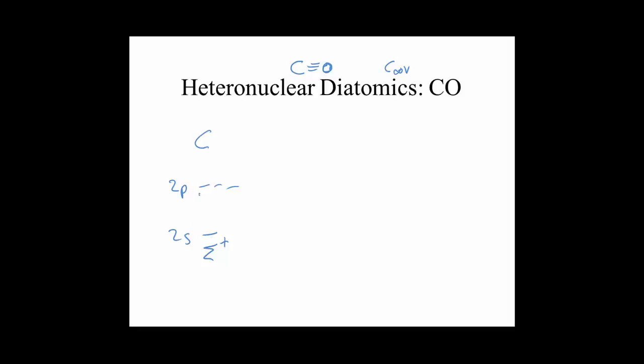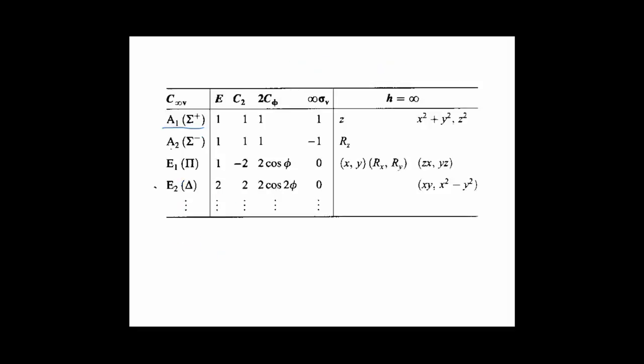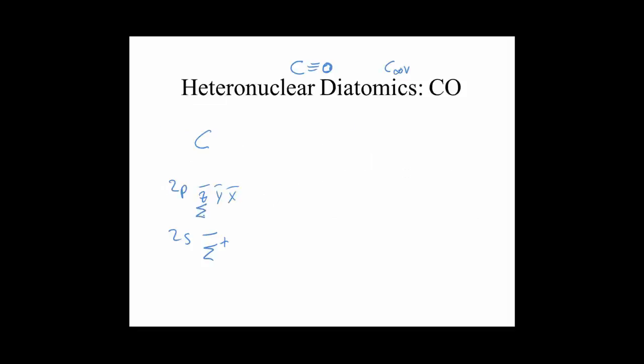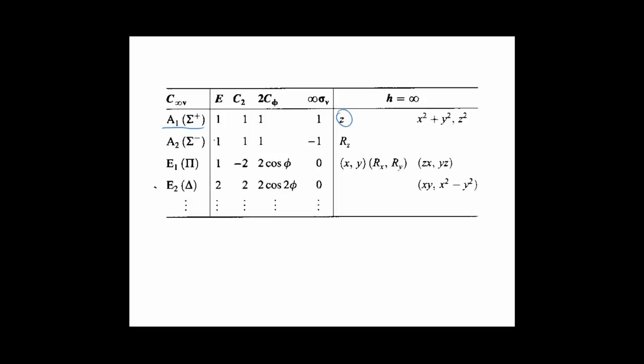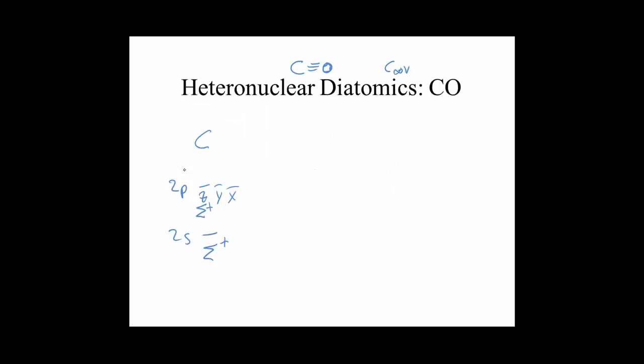We have, again, remember the pz, px, py, and z is the primary rotation axis. So the pz is aligned on that, and that also transforms as sigma plus. The x and the y transform together in this point group as pi. That's on the carbon side.